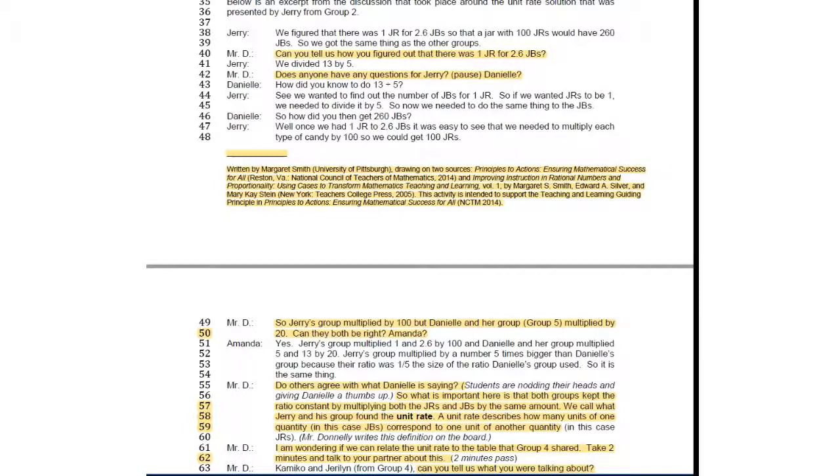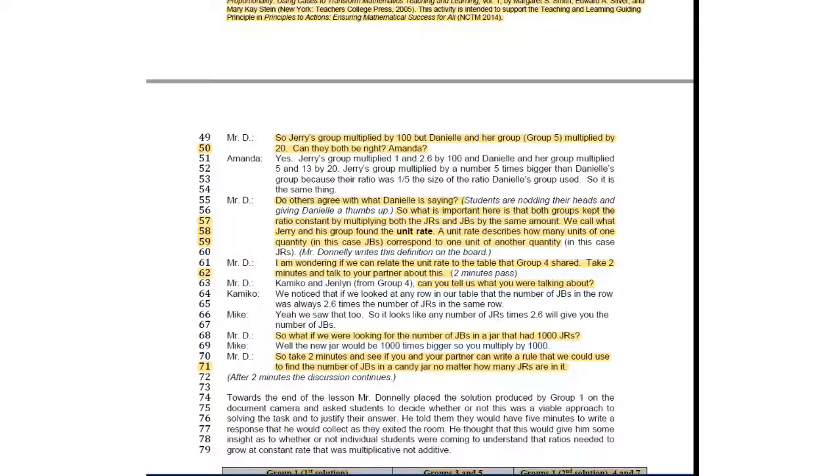Oh, Mr. Donnelly is smooth. He's very strategic. Again, the order in which he has students present is for a purpose, so that he can develop their understanding and help them make connections between the different representations.